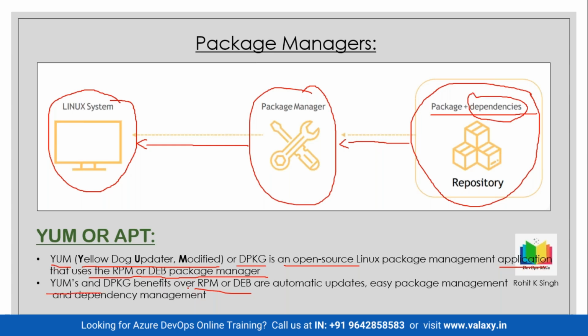The benefits of Yum and APT over RPM or Deb are automatic updates, easy package management, and dependency management. The main important point which differs is the dependency management. That is what APT and Yum are doing right now. They are managing dependencies.